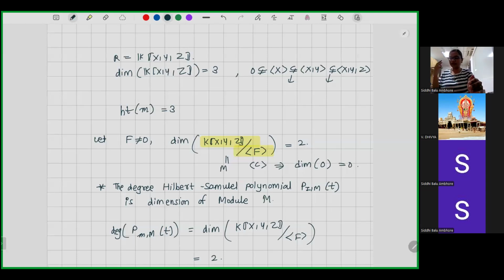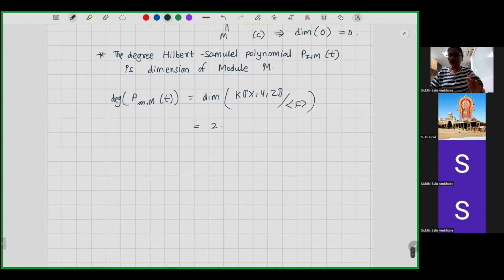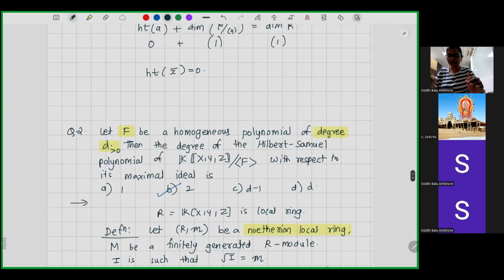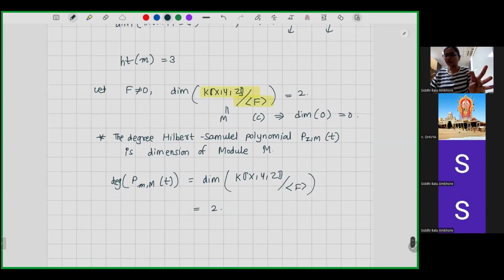So that case is not very interesting, or we don't want to look into it. So understand that this degree of f should be greater than or equal to 1, and we are quotienting this power series ring by this non-zero element f in an integral domain.